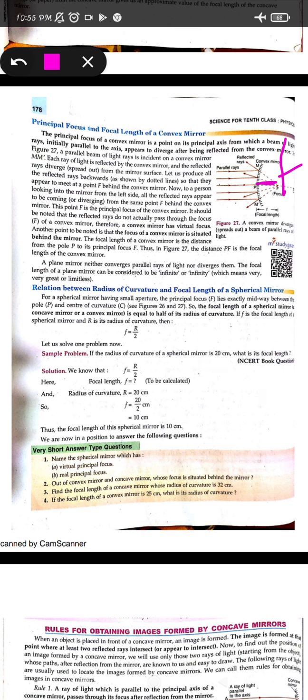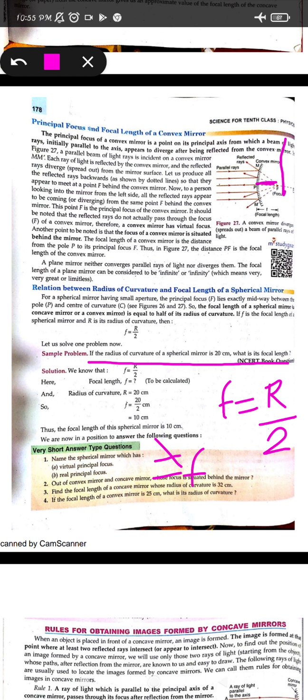See here a sample problem: if a question comes that the radius of curvature is given as 20 centimeter, then what is the focal length? We know that the focal length is just half of the radius of curvature. So f is r upon 2, that is 20 upon 2. So the focal length is 10 centimeter. Okay, so this is the relationship between the focal length and the radius of curvature.